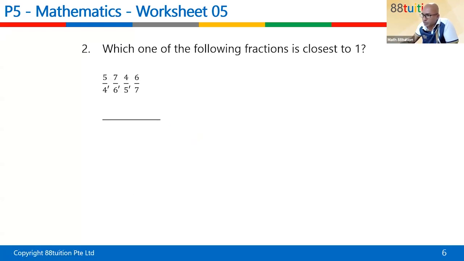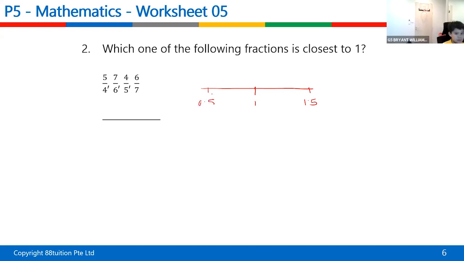Which one of the following fractions is closest to one? So you've got to work it out. Usually what I do is I draw a number line, right? Maybe you can do that if you want. This is 1, this is 1.5, this is 0.5, right? What does it mean by closest to one? Closest to one whole, yeah.